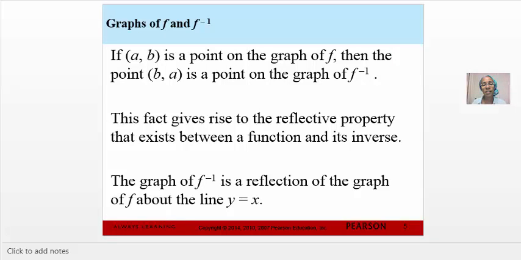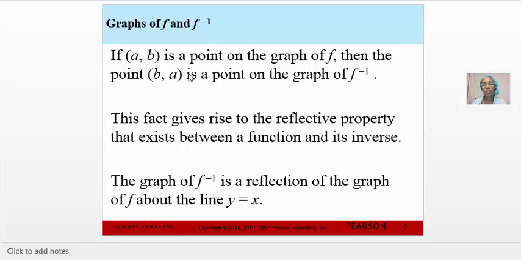And that is, if (a, b) is a point on the graph of f, then the point (b, a) is a point on the graph of f inverse. This fact gives rise to the reflective property that exists between a function and its inverse. The graph of f inverse is a reflection of the graph of f about the line y equals x.